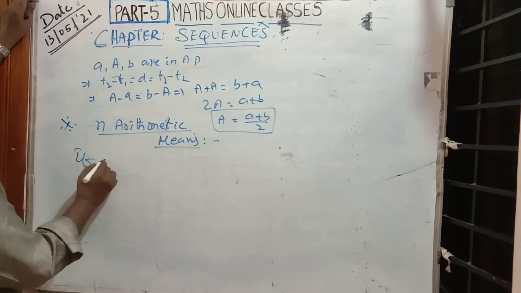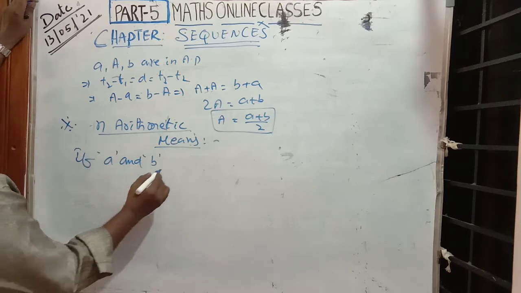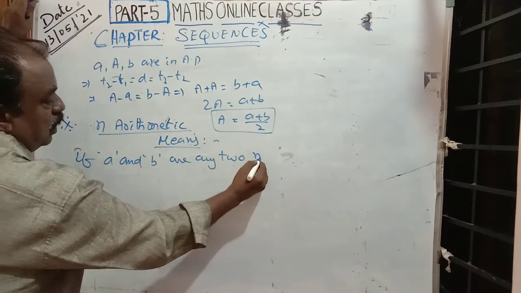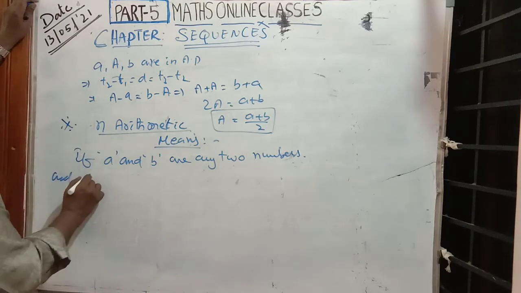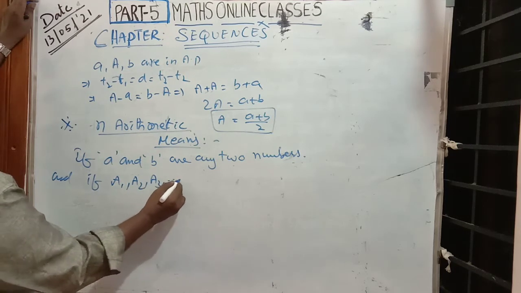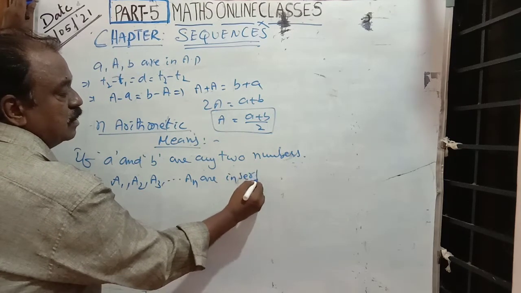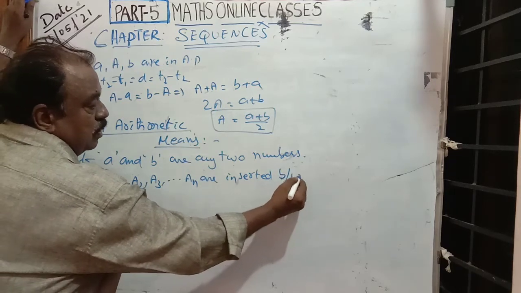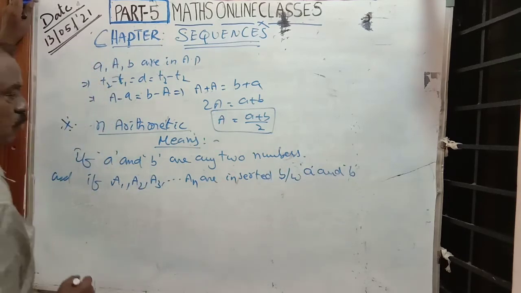If a and b are any two numbers, and if A1, A2, A3, up to An are inserted between a and b, then what happened we will see.